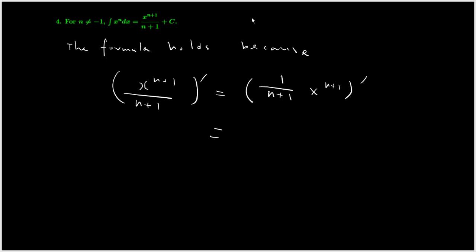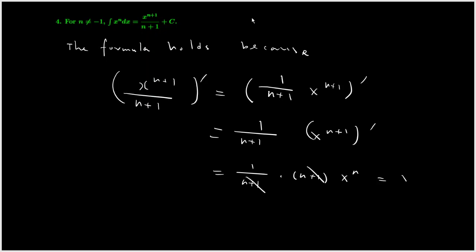You leave out the constant 1 over n plus 1, and then you compute the derivative of x to the power of n plus 1 using the power rule. You have n plus 1 times x to the power of n. N plus 1 and n plus 1 cancel, so you have x to the power of n.